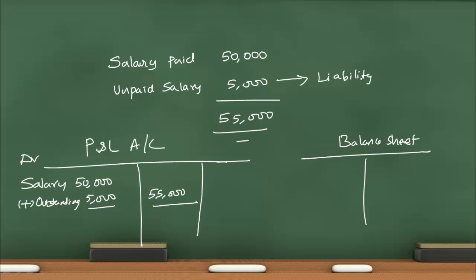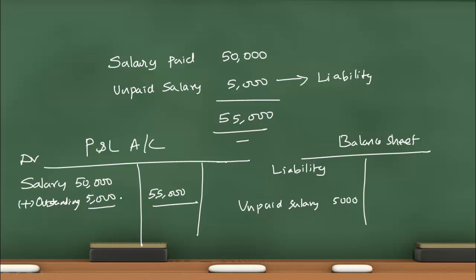Anything which has to be paid in future is a liability. So on the liability side of the balance sheet, whatever the unpaid salary amount is should be shown. So the entry will be on the liability side as unpaid salary, 5,000.